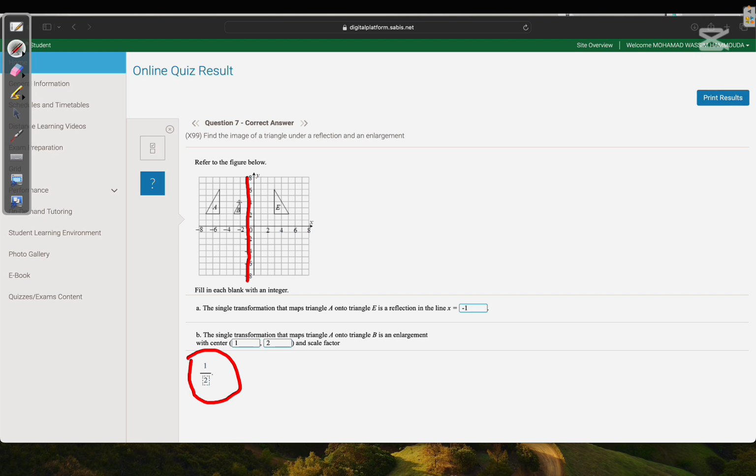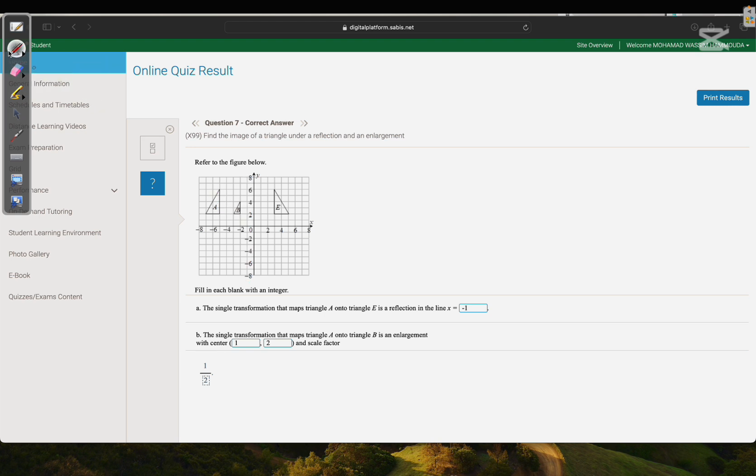To find the scale factor, we do the final length, which in this case is 2 units, over the similar line, which is 1, 2, 3, 4 units, which is 1 over 2. So we know that the scale factor is 1 over 2. That's good.